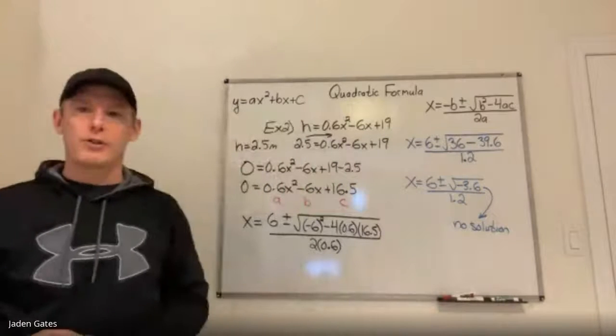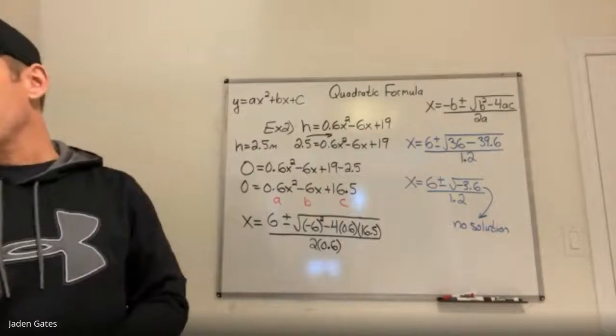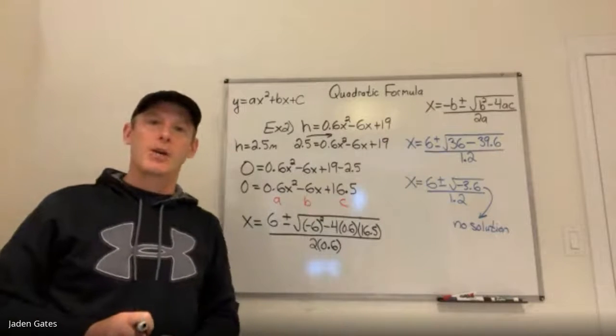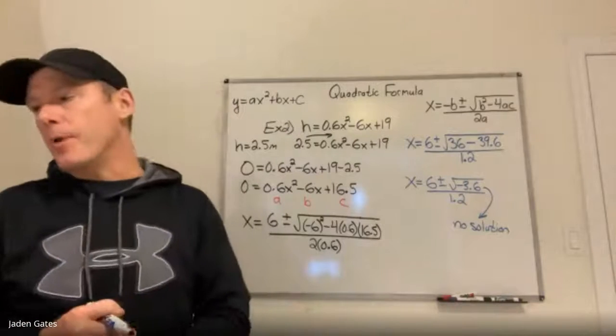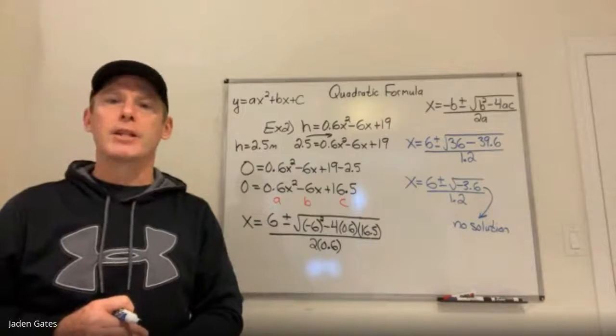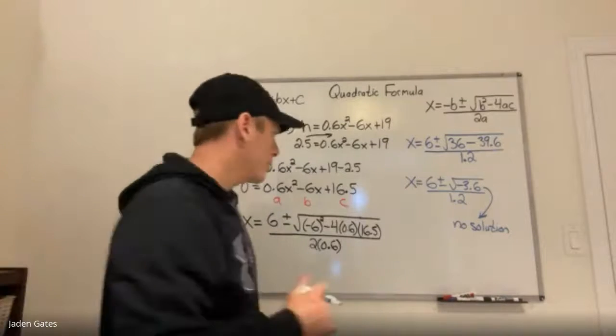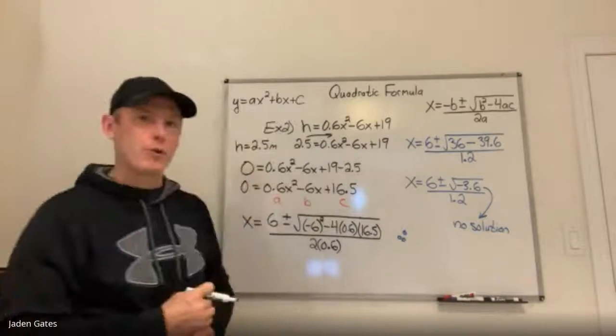There is no answer because we can't take the square root of a negative number. So in the context of this question, it's asking when does the bird who's swooping down to eat a bug, when are they at 2.5 meters? They never get that low. Never happens.